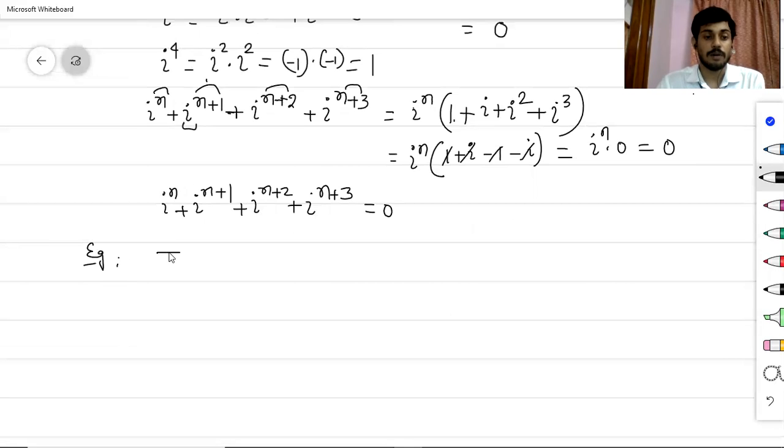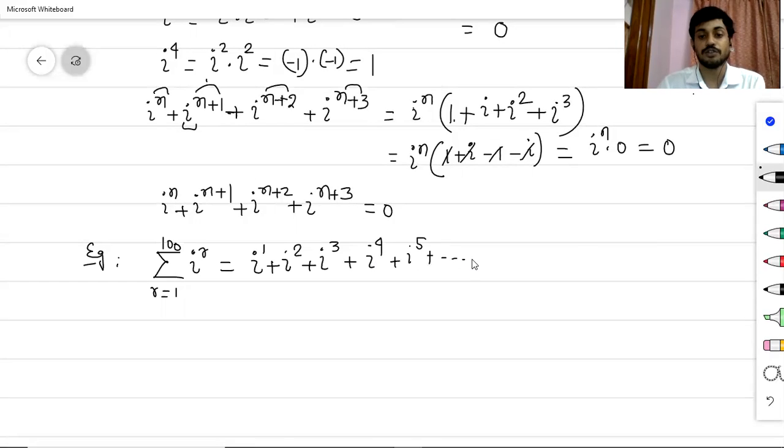What is the value of summation over r equals to 1 to 100 iota to the power r? If you write it down in a little elaborated form, it will be iota to the power 1 plus iota to the power 2 plus iota to the power 3 plus iota to the power 4 plus iota to the power 5 and so on.